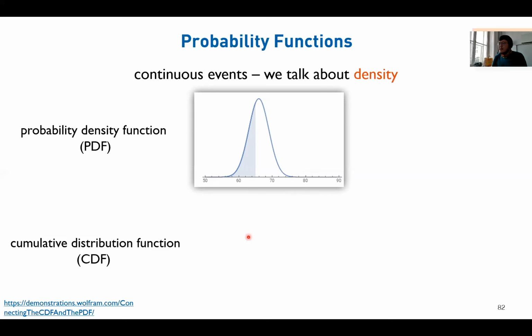And how do you get a number, the probability? So if you, for example, draw a line here, this is around 65. What you can do is to calculate the probability that this is below 65.